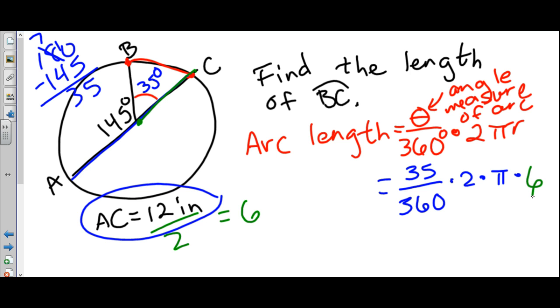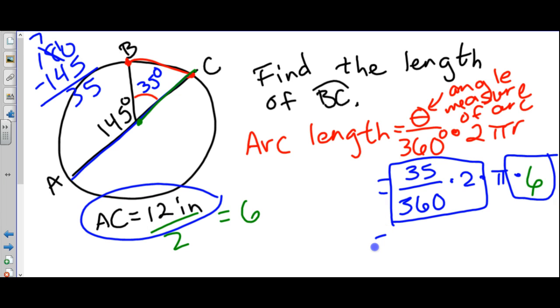So again, it depends on if they ask you to find this in terms of pi or ask you to approximate. If it asks you to find this in terms of pi, we would just do everything else and ignore the pi. 35 divided by 360 times 2 times 6.